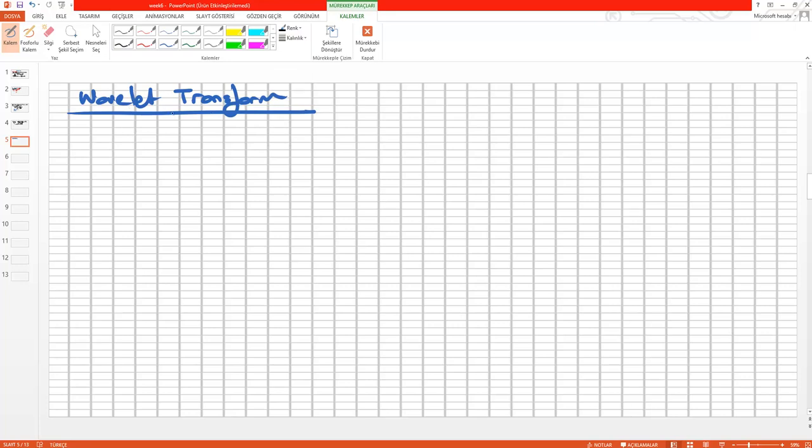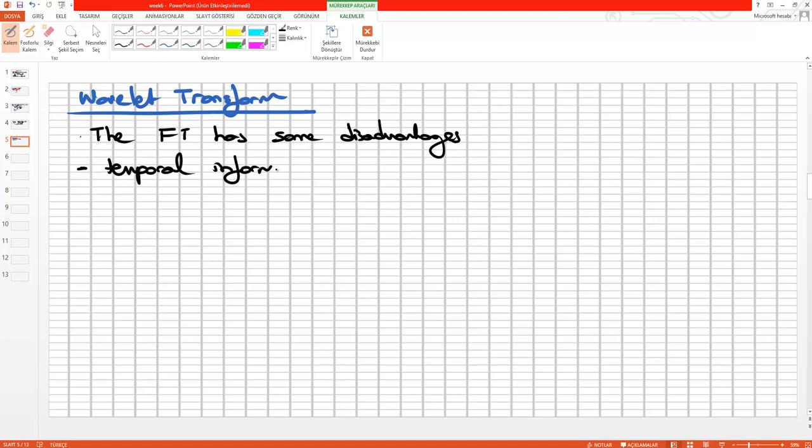Okay. And so, in the Fourier transform, FT has some disadvantages. For example, the temporal information cannot be included. Absence of temporal information, okay?